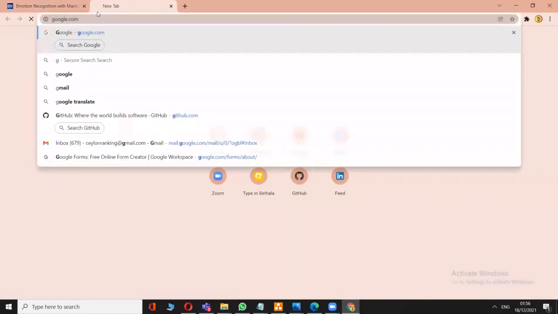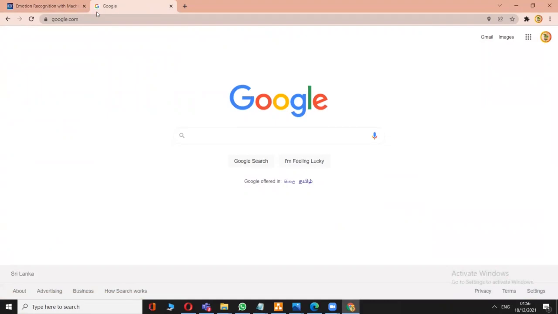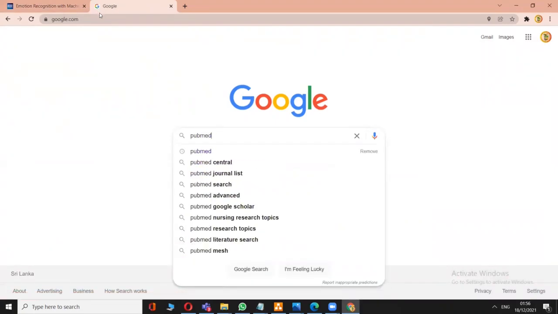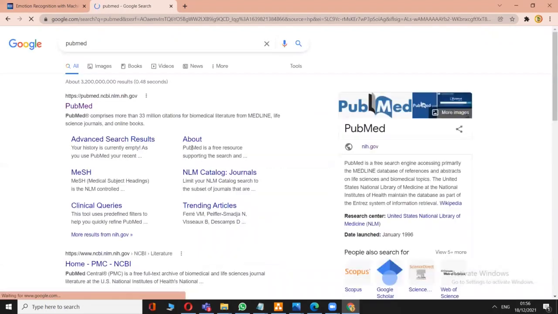So what you can do is go for another research engine. I will go to PubMed. PubMed is a good source for browsing.